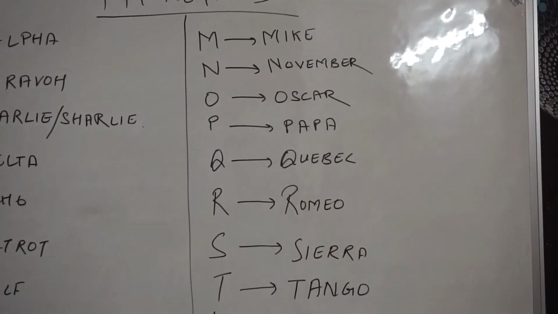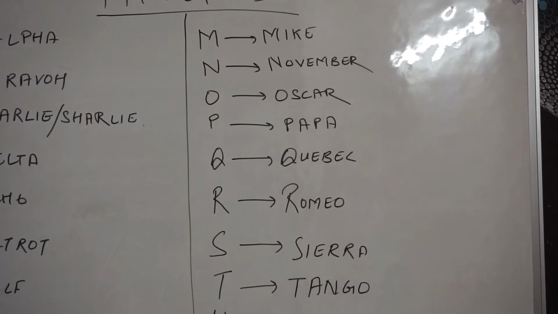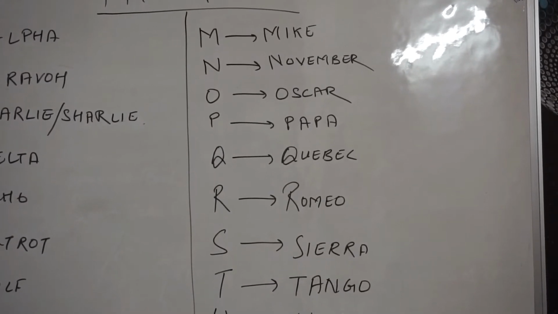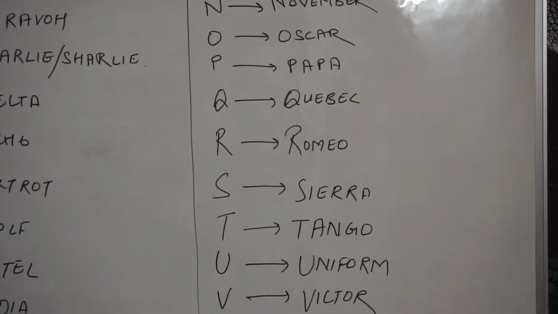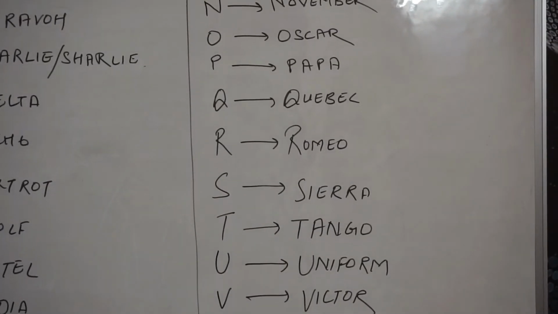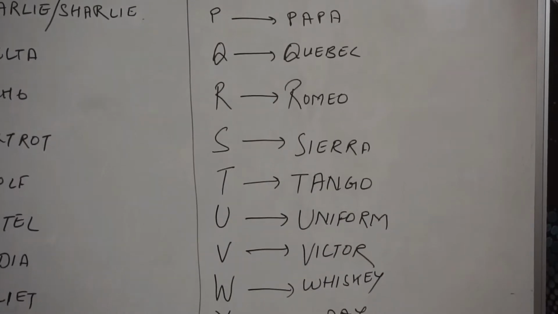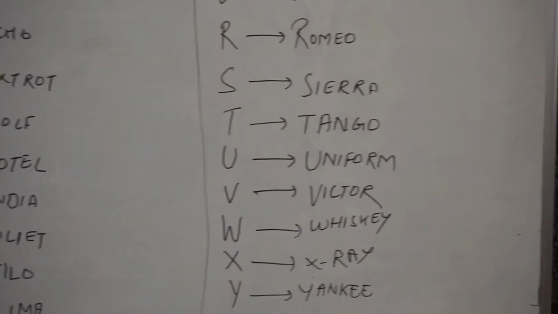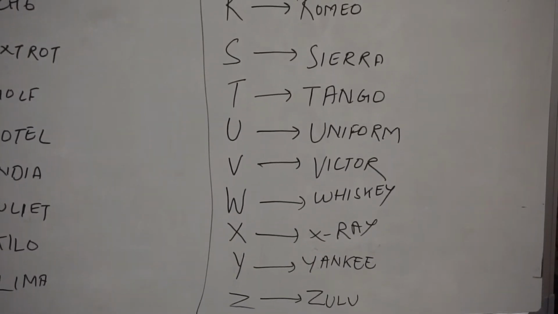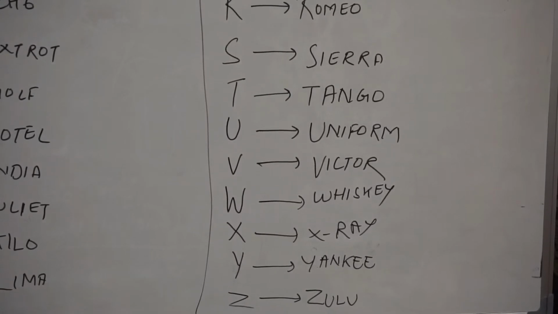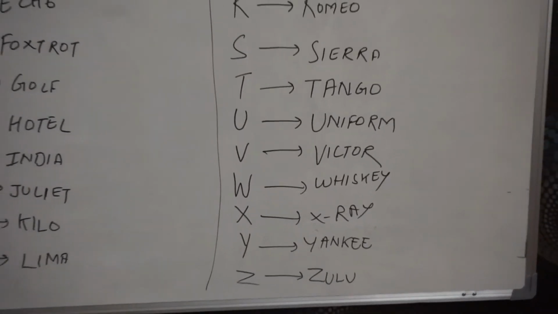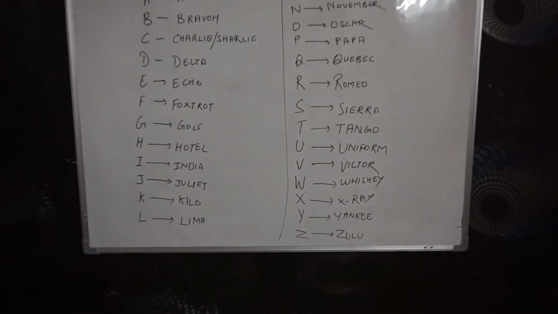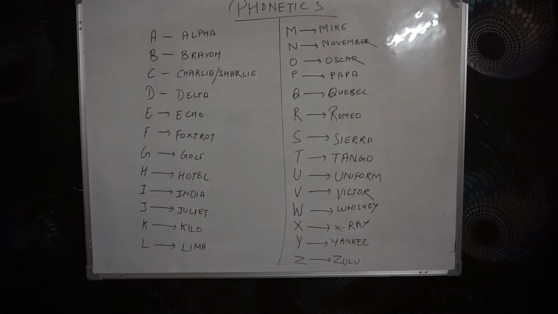And then M for Mike, N for November, O for Oscar, P for Papa, Q for Quebec, R for Romeo, S for Sierra, T for Tango, U for Uniform, V for Victor, W for Whiskey, X for X-ray, Y for Yankee, Z for Zulu. So these are all the alphabets and the phonetics we can use.